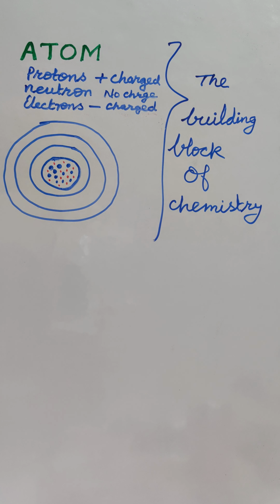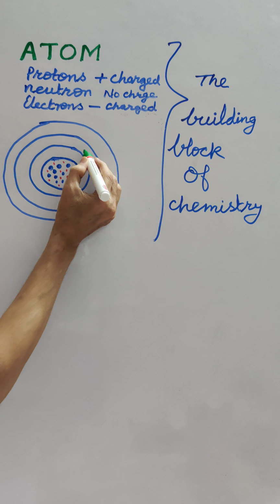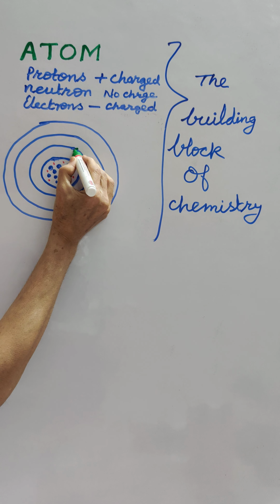The first shell can have only 2 electrons. Electrons are negatively charged particles which I am representing with green color.